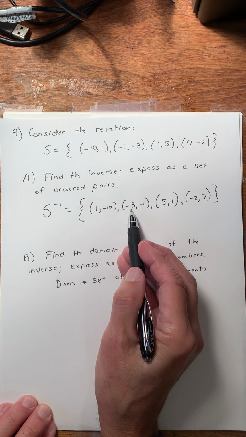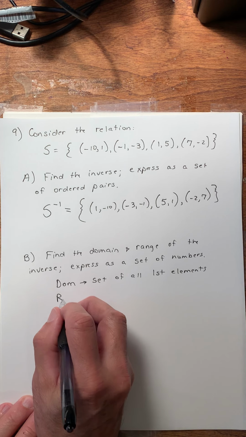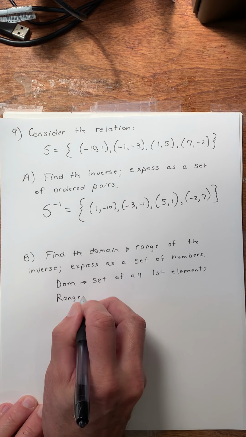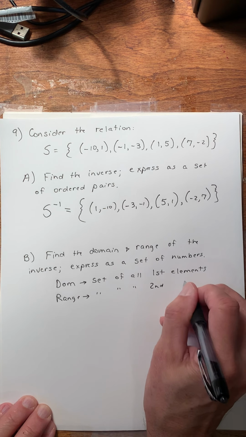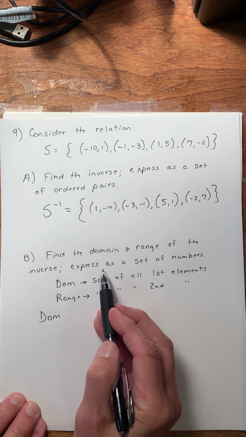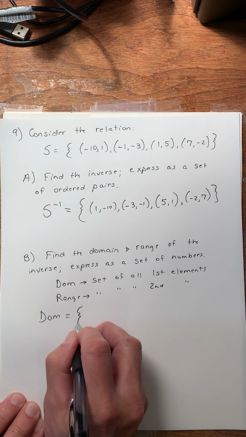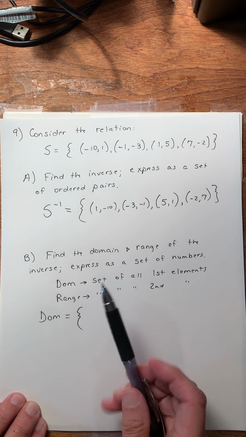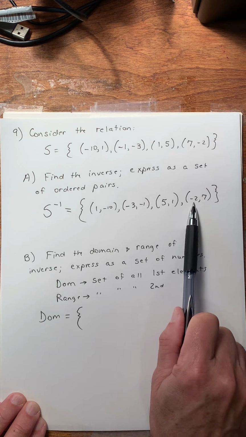It's what shows up in your ordered pairs first. And the range is your set of all second elements. So my domain, it says, expressed as a set of numbers. So my domain is, here's my set notation. The numbers are the first elements: 1, -3, 5, -2.